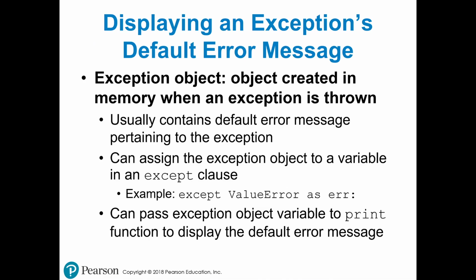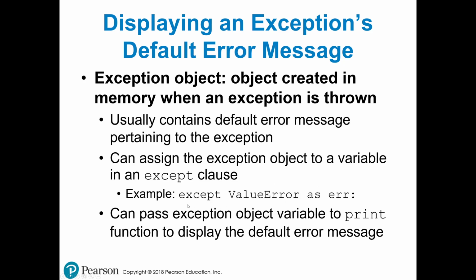So one of the things that we want to do sometimes is print out the error messages, which is what prints out when the handler prints. But maybe we want to log that somewhere. Maybe we want our program to crash. We want to save that off to a log file somewhere. So an object is created when your exception is thrown. We can have a variable, and the way we can access this object is by adding a variable in our except clause.